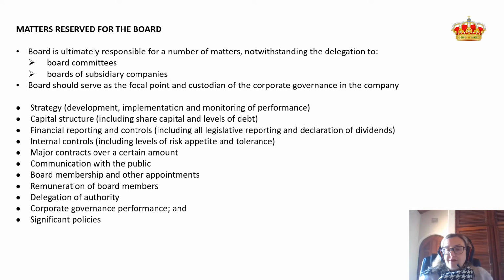So it can have committees and it can have management layers that actually implement certain tasks, but collectively as a board, there are certain things that the board as a whole must reserve for itself. Strategy being the first one, the development, how it's going to be implemented, and then monitoring performance of that implementation.